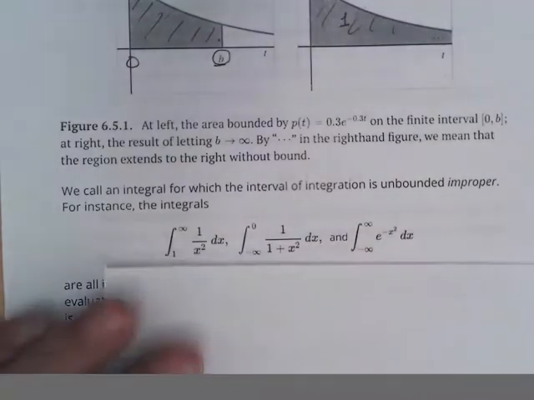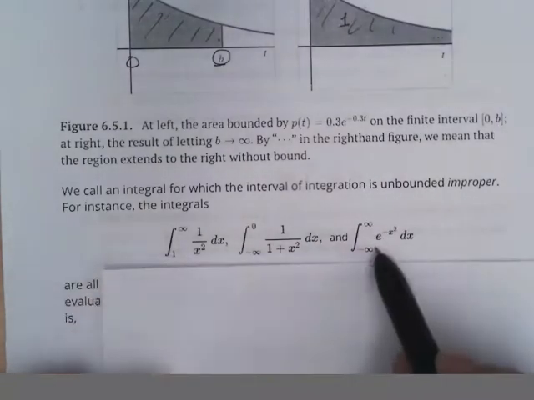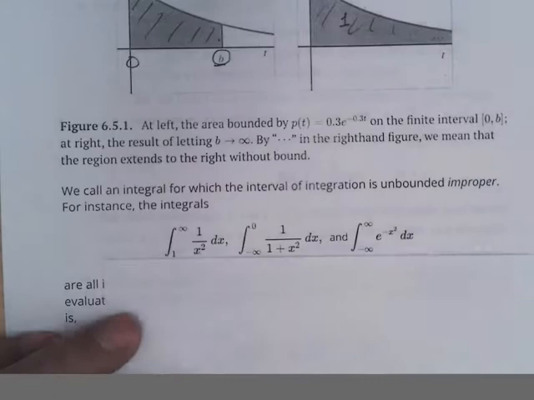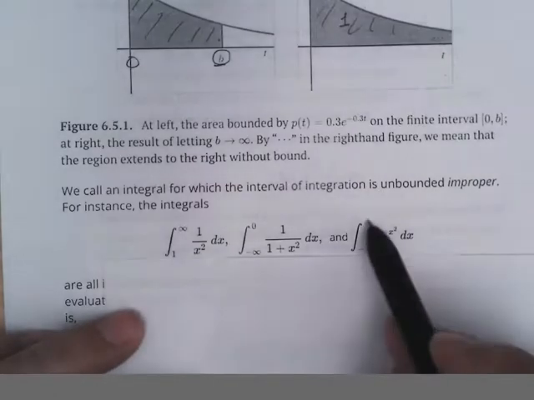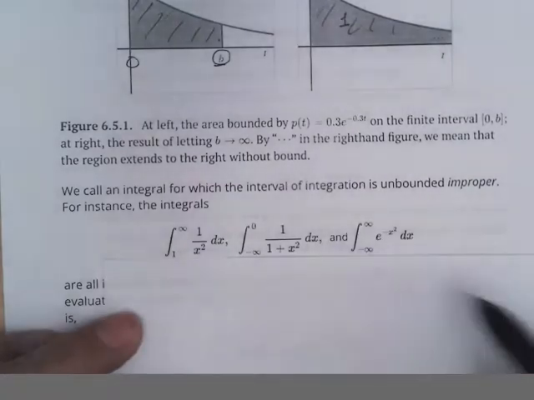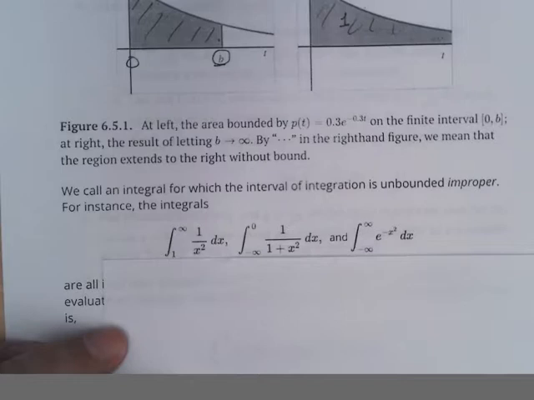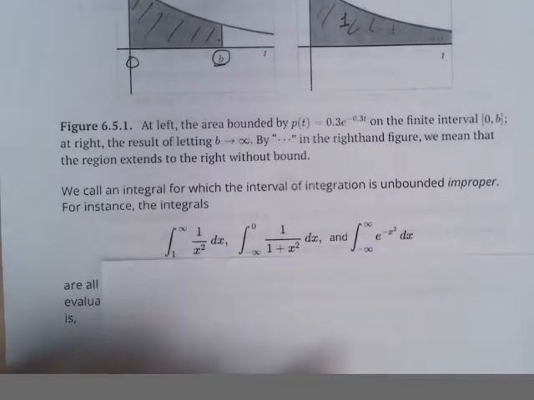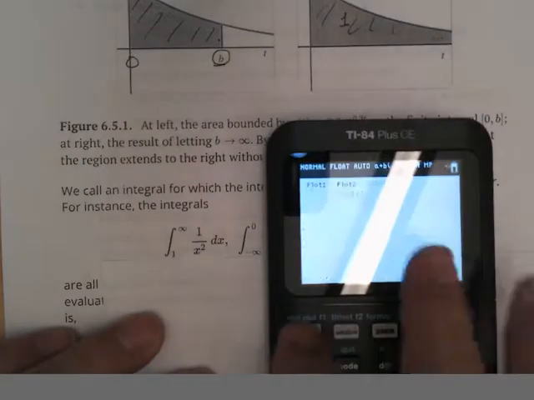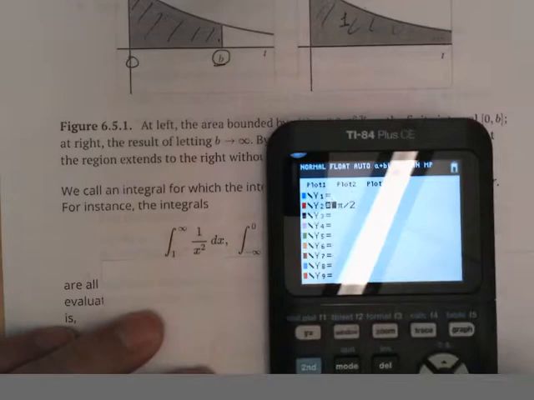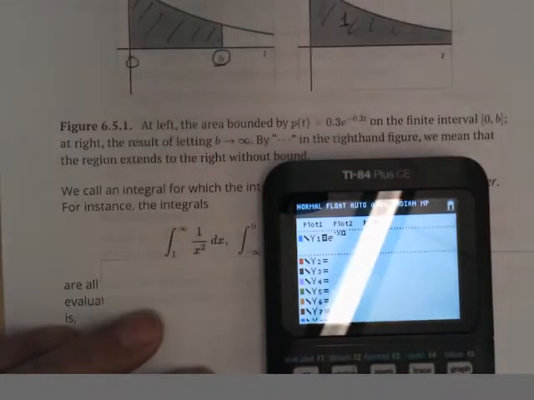Okay, now they say, what about this one? And they're going to infinity on both sides. Okay, so what's this curve look like? So we're going to go to e to the negative of x squared.